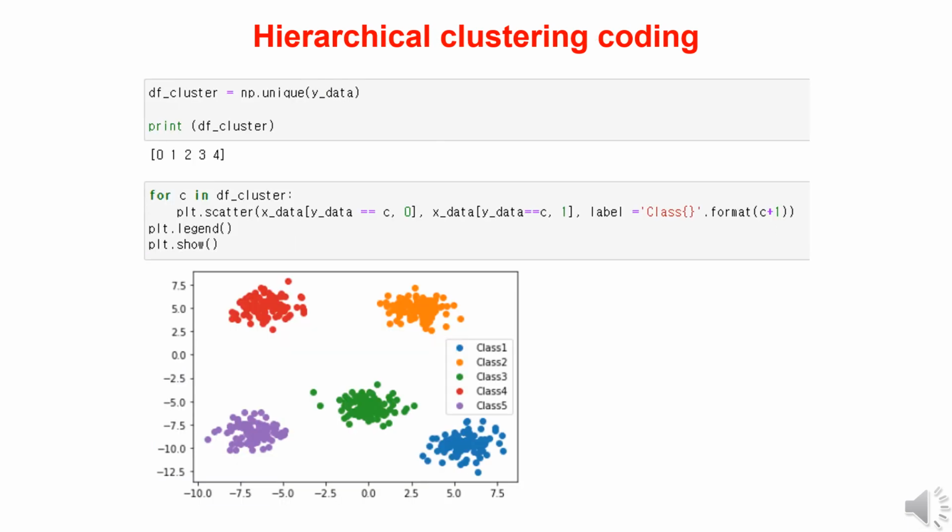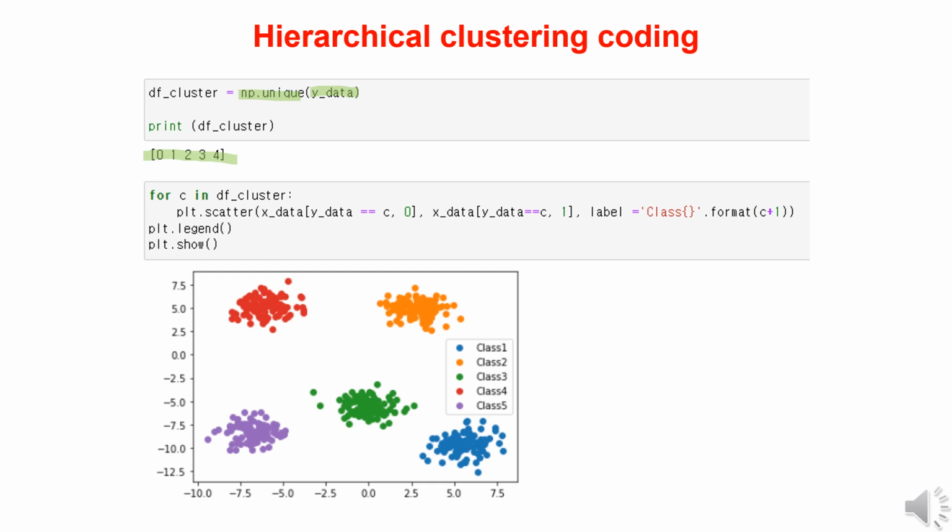By using the unique function provided by the NumPy library, we can eliminate duplicate values and display those unique values. In the case of the Y data, it contains 5 unique values, 0, 1, 2, 3, and 4, which correspond to a total of 5 clusters.